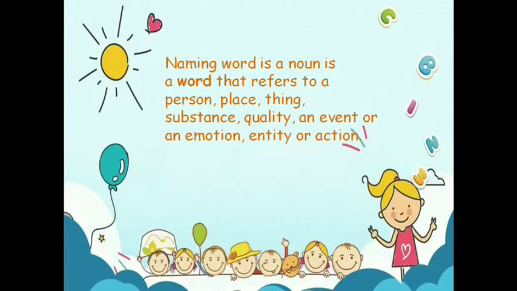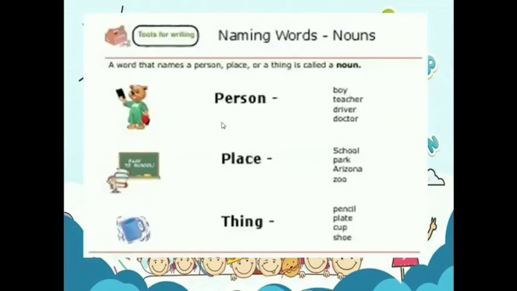Okay, here is the example. Person: boy, teacher, driver, doctor. I have said before. While the place could be school, park, or Arizona, the name of places, zoo. And then things, like I have explained, pencil, plate, cup, shoe, and everything around you.